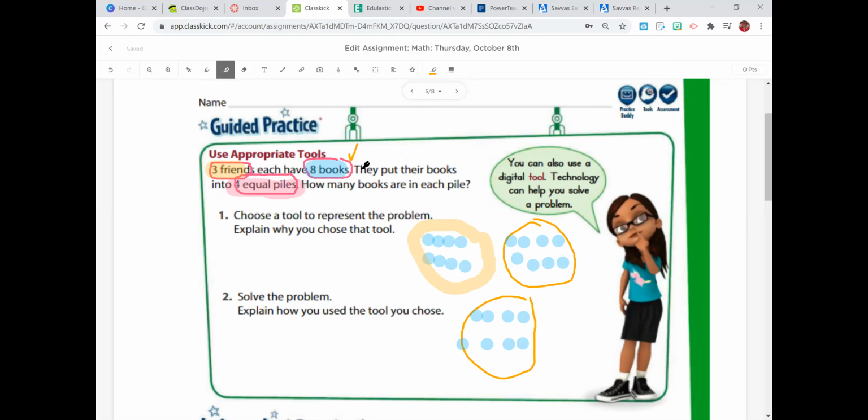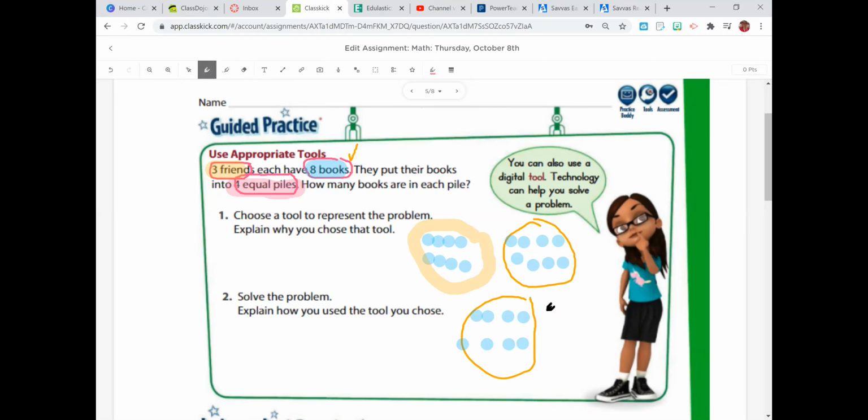Here we go. So we're putting our total amount of books into 4 equal piles. So let's first find the total, what 3 times 8 is. I can count all of these up or count by 8s. 8, 16, 24.